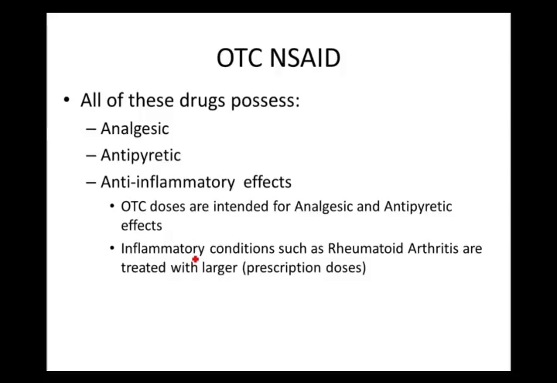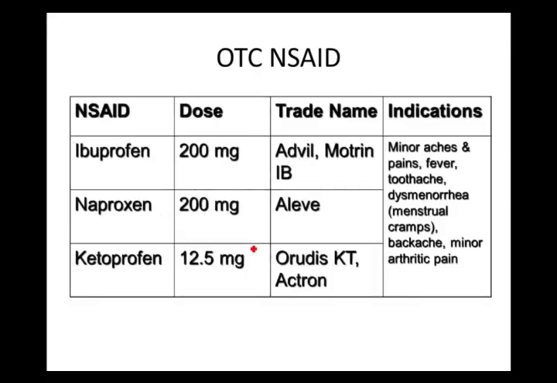The ibuprofen that they gave you was prescription strength. That was like 800 or 1,000 milligrams, right? The milligram strength of over-the-counter ibuprofen is about 200 milligrams, okay? So the dose, or the size of the tablet, determines whether or not it's prescription or OTC. And that's basically just reiterated there.